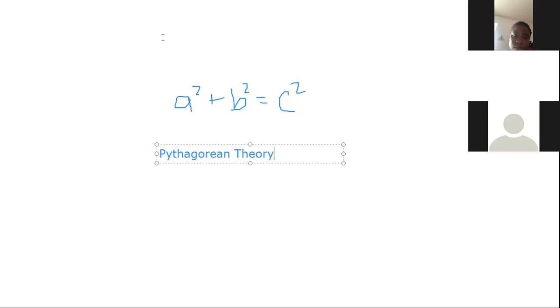Now, for us, since we're talking about the distance formula, we're going to be talking about right triangles, but most of the time we're going to be talking about the distances for the side that is opposite the right angle.